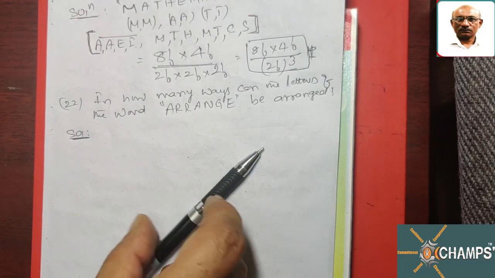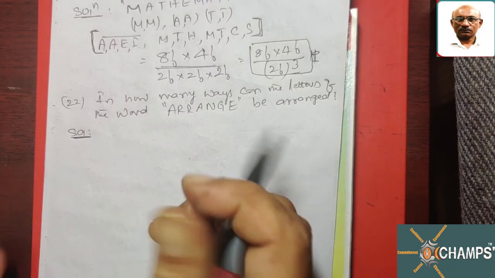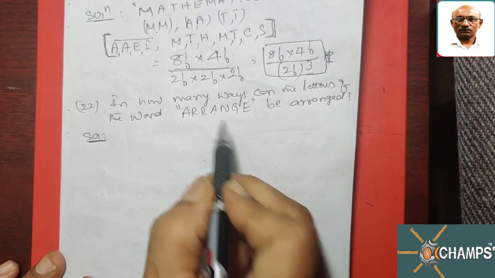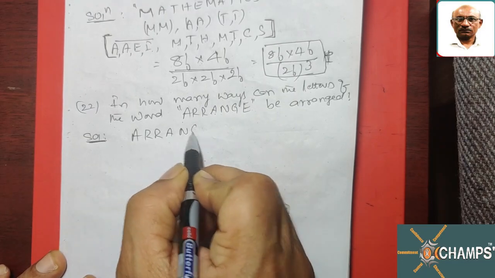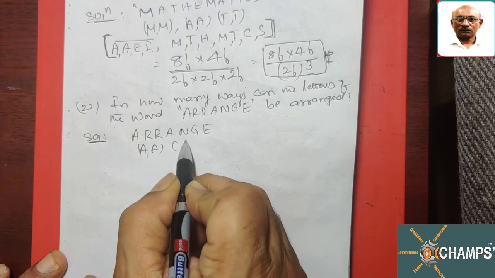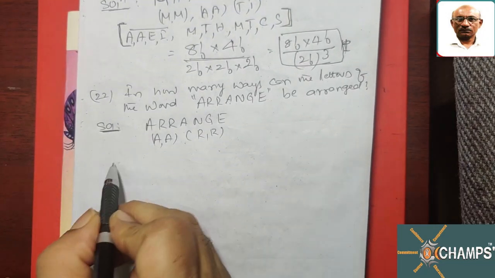See the solution for this. See how many letters are repeated. Only 2 letters, A and R. Each one is repeated 2 times.